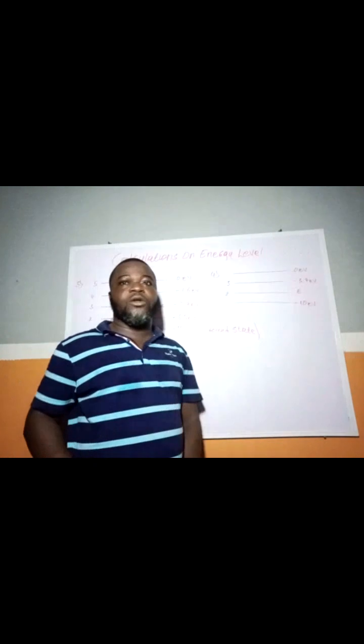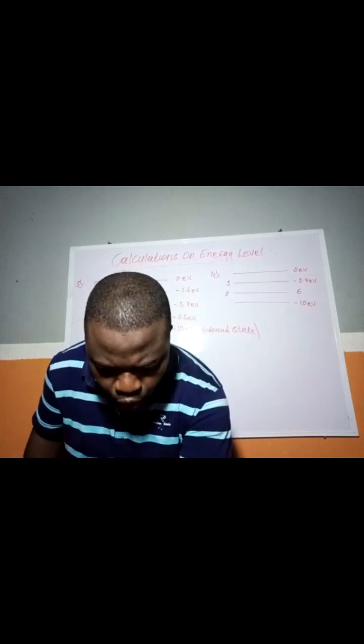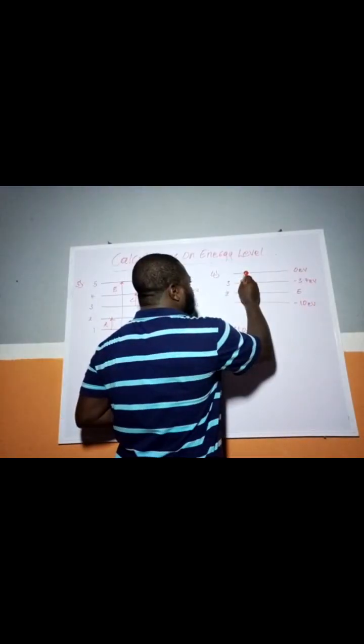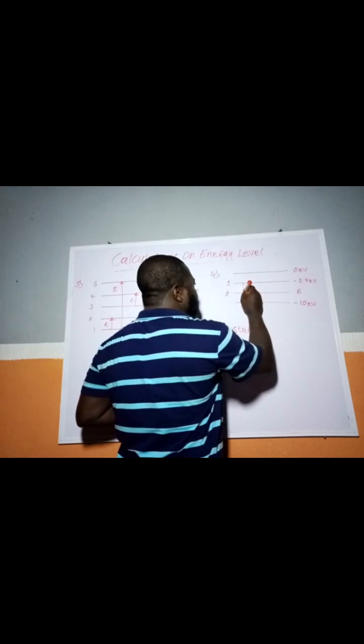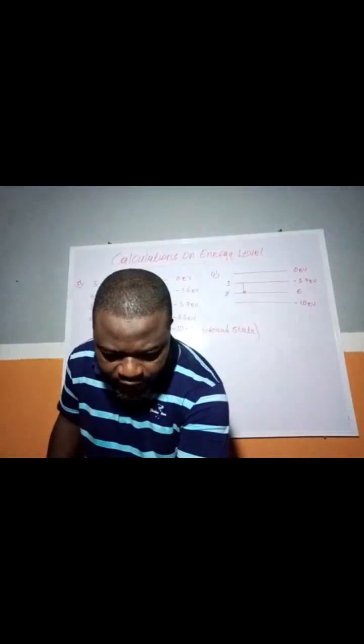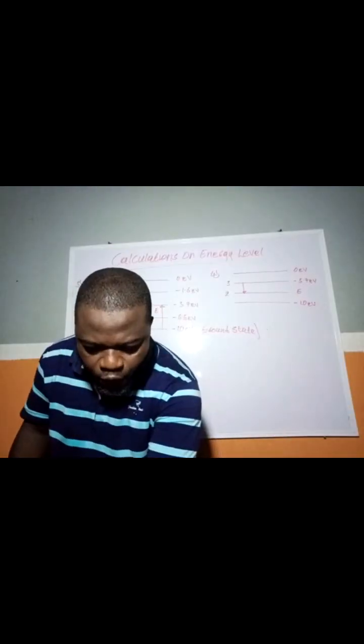This is the diagram for number 4. You can put it down, then look at the question under that. They said in the diagram above, an electron falls from energy level 3 to level 2. It then emits a photon of wavelength 6.875 multiplied by 10 raised to the minus 7 meter.